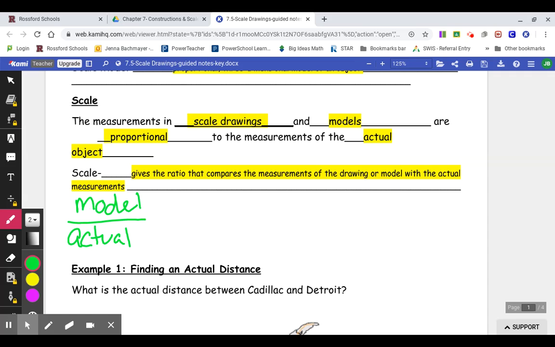When we have a model of something, you could have a model represented with 1 inch, where the actual distance on a map or on some kind of a drawing, if there's a map, it could be 10 miles.